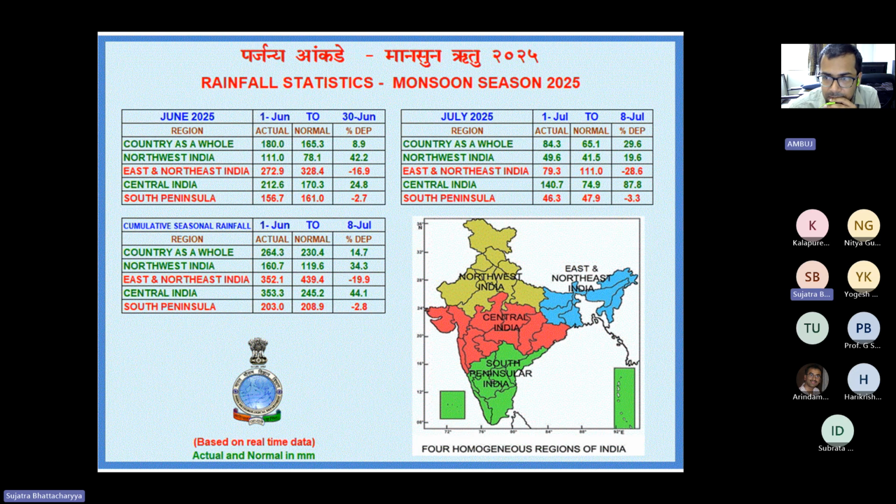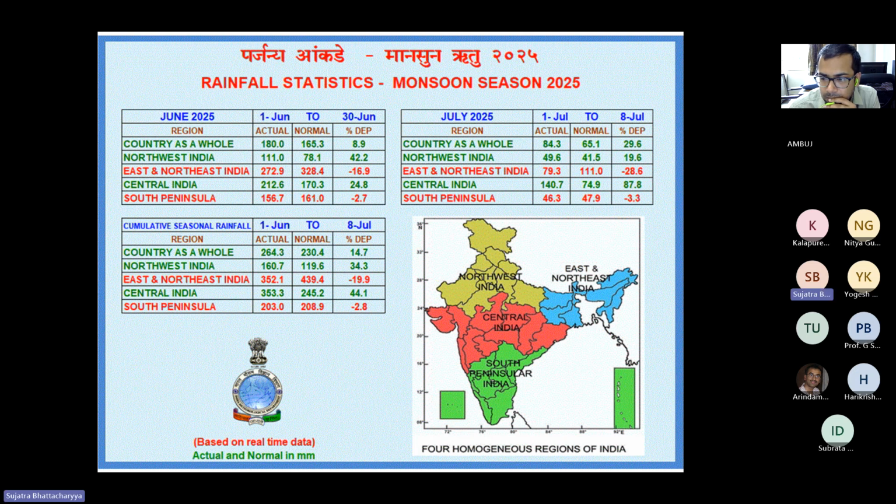Okay, let's get back to the state of the monsoon. As of yesterday, the latest data is not yet available. As of yesterday, you see that you are 15% above normal, cumulative. And what's interesting is the clear distinction between northwest, central, east, and south.